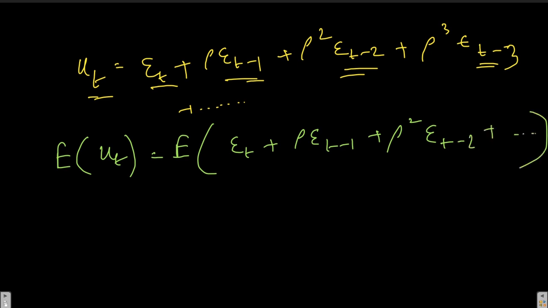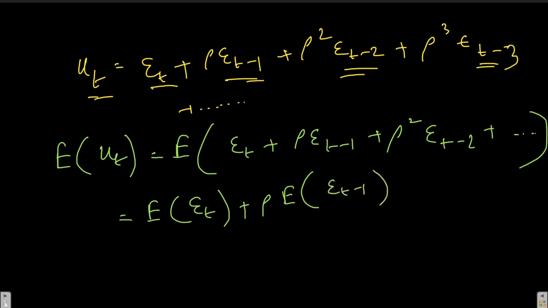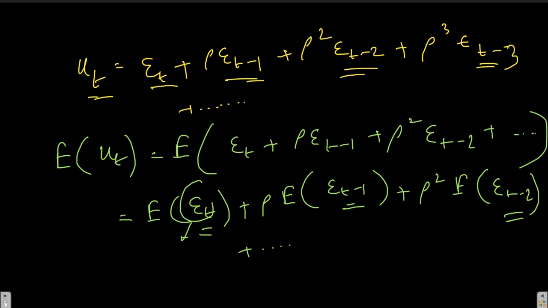We know from the expectation rules that we have learned previously that it is going to be the expectation of e_t plus rho times the expectation of e_{t-1} plus rho square times the expectation of e_{t-2}, and so forth. All right, they are IID, independent and identically distributed, with a mean equal to 0. So if the mean is equal to 0 and they are IID, all of these are 0. Essentially that gives me the expectation of u_t is equal to 0.